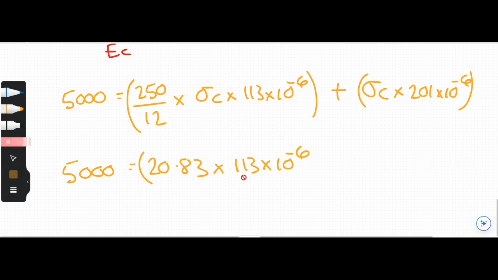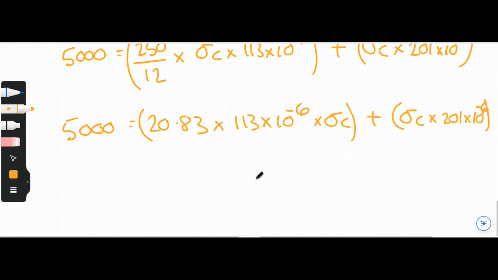So I've got 20.83, which is 250 divided by 12, times 113 times 10 to the minus 6, times stress in the concrete, plus stress in the concrete times 201 times 10 to the minus 6. All I'm going to do now is 5,000.